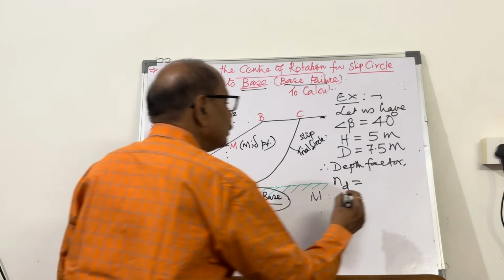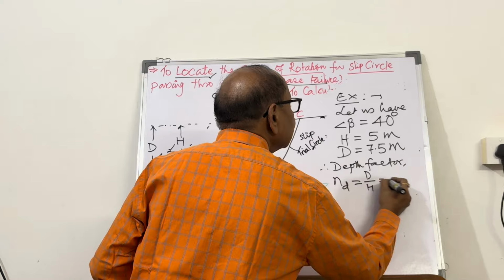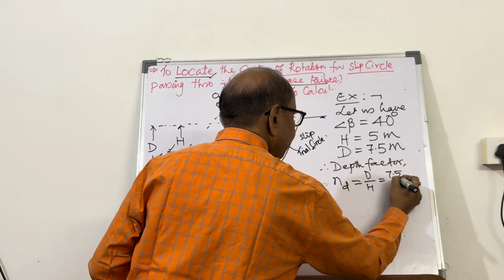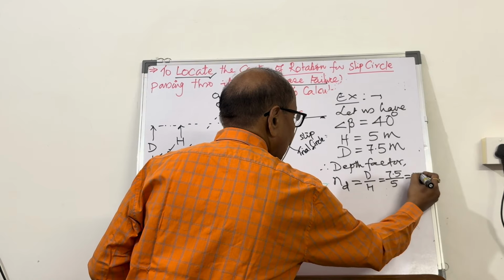This is going to be D upon H, that means 7.5 divided by 5, and this comes out to be 1.5.